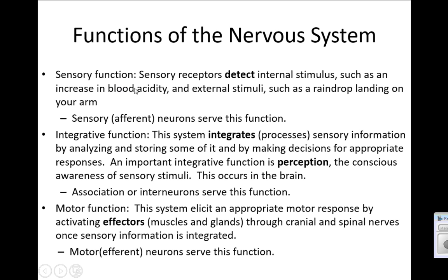Detecting changes like a blood acidity inside of our body, or a raindrop hitting your arm, or like today where it's frigid outside and you are interpreting that signal really quickly. Now, when I say interpret that signal, that's taking place inside of our brain generally, which is where we perform our integrative function, okay, where we process that sensory information, store some of it, make decisions for appropriate responses.